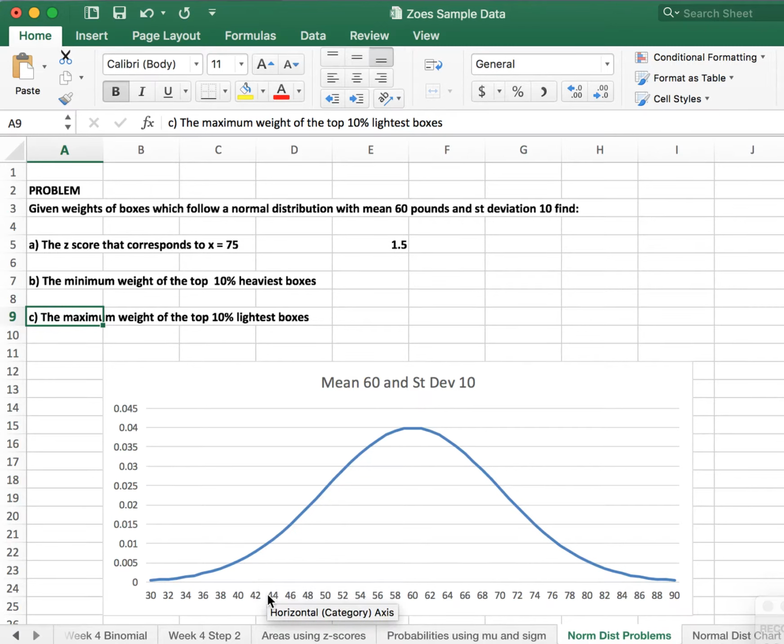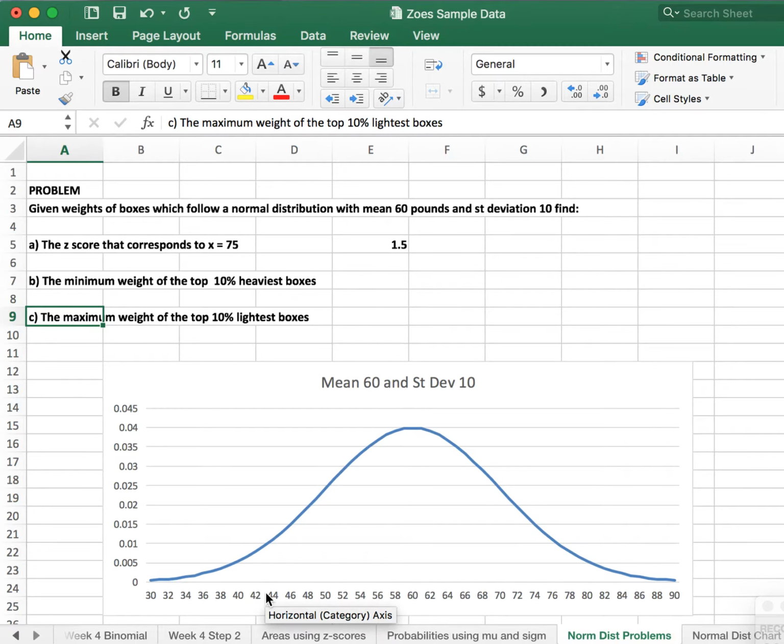What value does this area of 10% correspond to? This is kind of the inverse of what we were doing in other videos, where we had a particular x value and we were looking at areas or probabilities to the left.